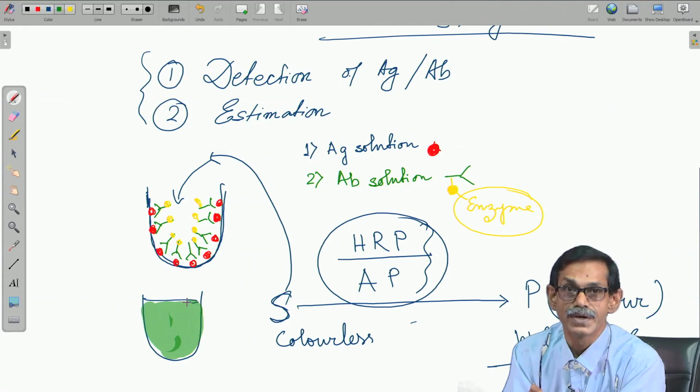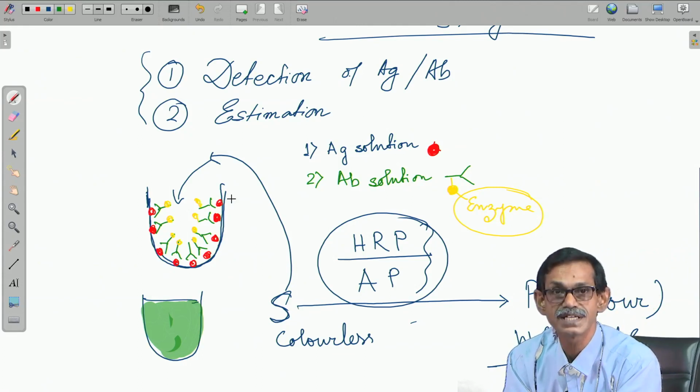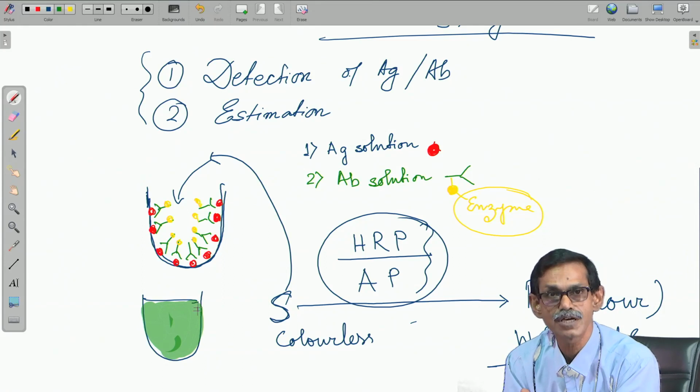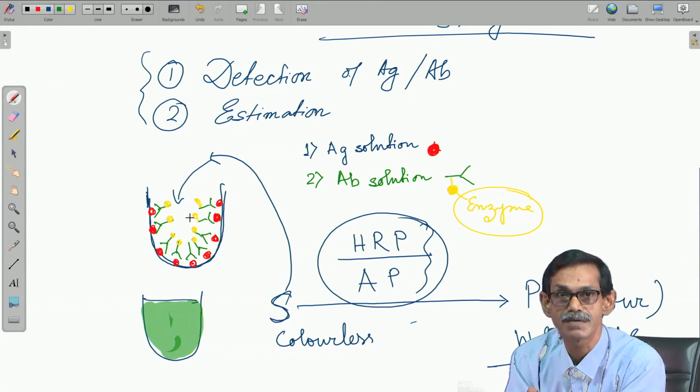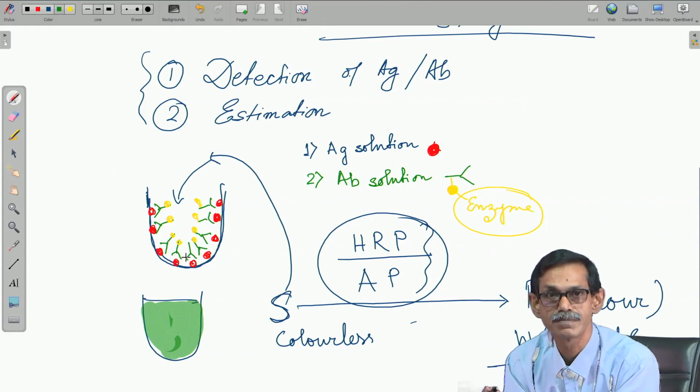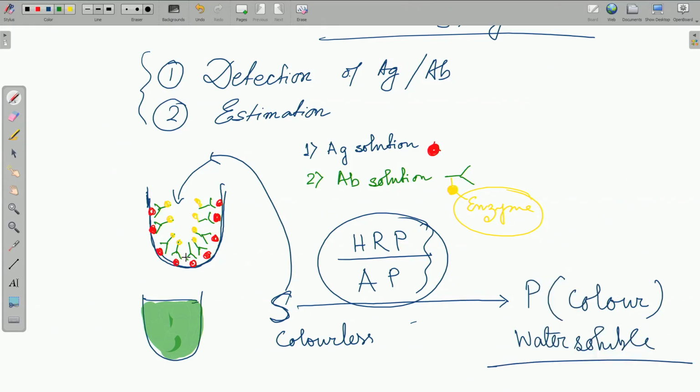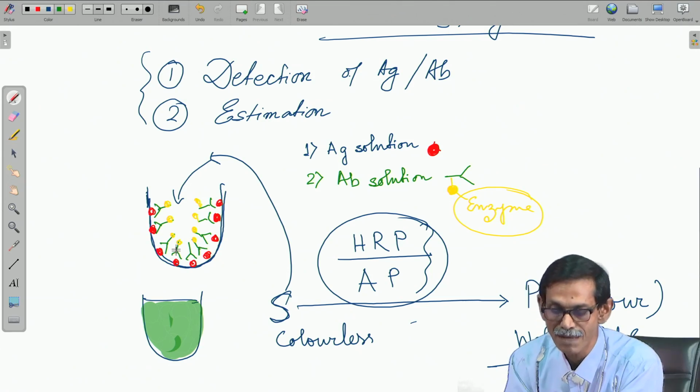Now, depending on how much antigen is there, the intensity of color will change, because more antigen means more antibody, more enzyme, which means more color will develop. One enzyme can have multiple reactions. Say you have added nine antigen molecules. Now, if your solution has only 5 antibody molecules, then what will happen?